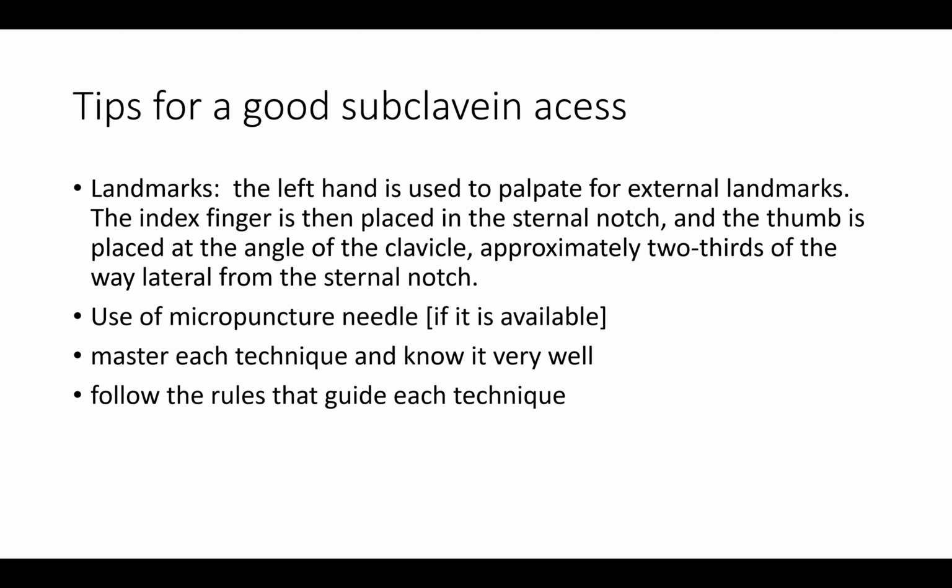So that is another way, but it's very rare. Nobody uses that. So the key thing is that you either use blind, you use fluoro, you use ultrasound, or you use a combination of all these together.